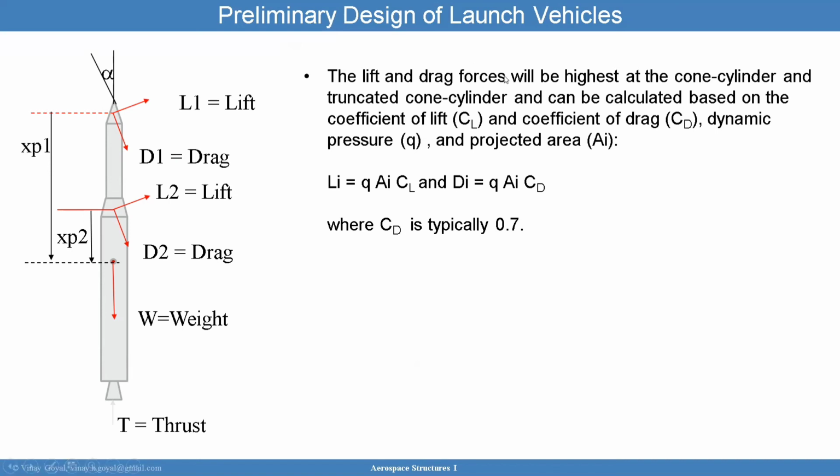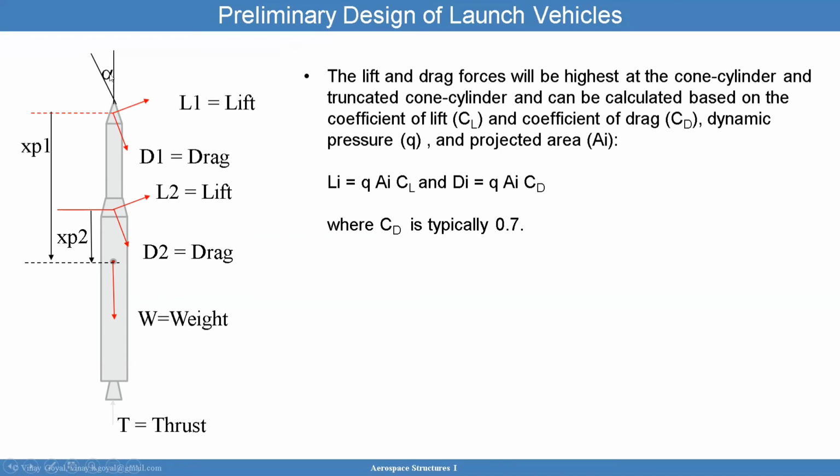The lift and drag forces will be the highest at the cone cylinder. So you're going to have the cone cylinder and the truncated cone cylinder. And they'll be determined based on the lift coefficient and the drag coefficient, the dynamic pressure, and the projected area AI. So in this case, for this cone here, you get a lift.